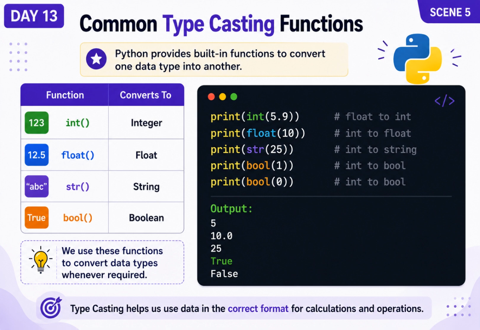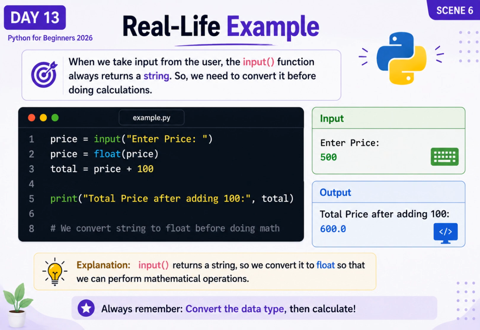Now let's see a real life example. Suppose the user enters the price using the input function. So remember, input always returns a string. But if we want to perform calculations, we must first convert that string into a number.